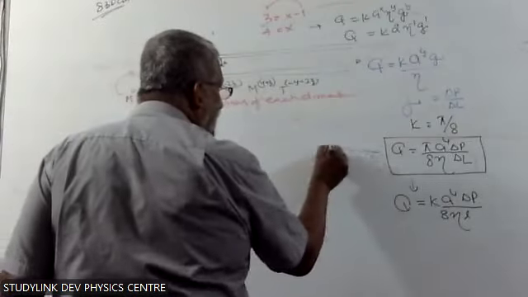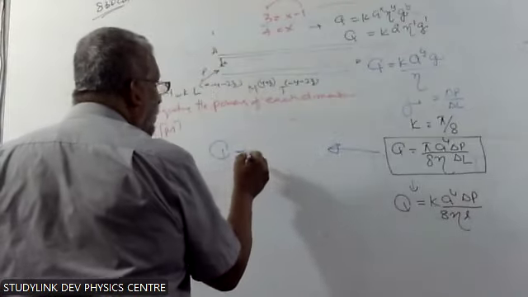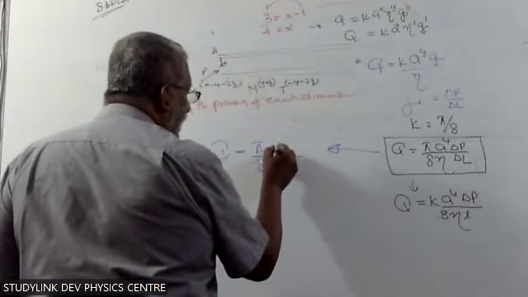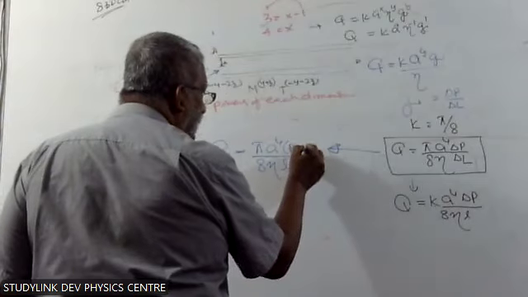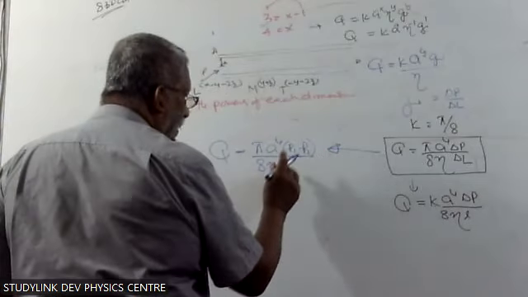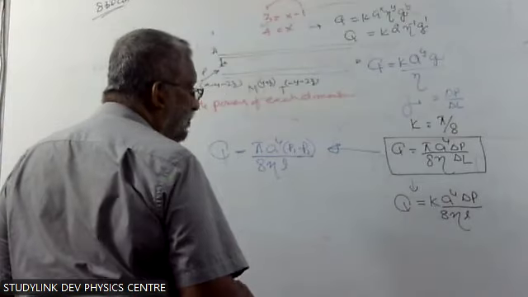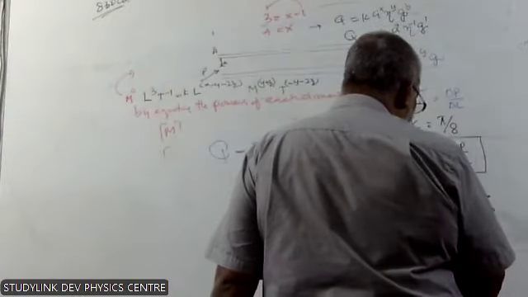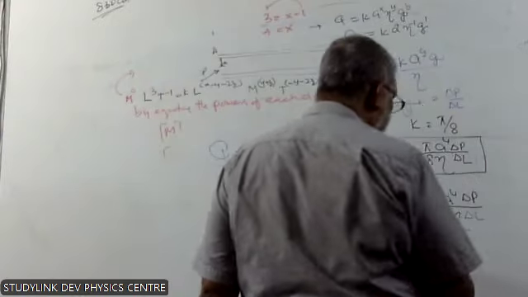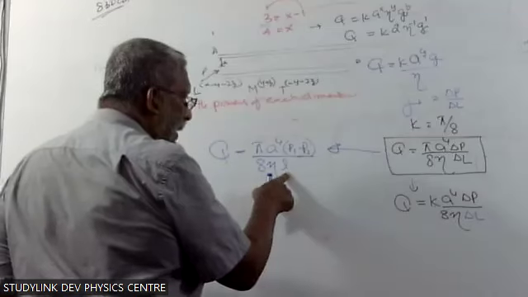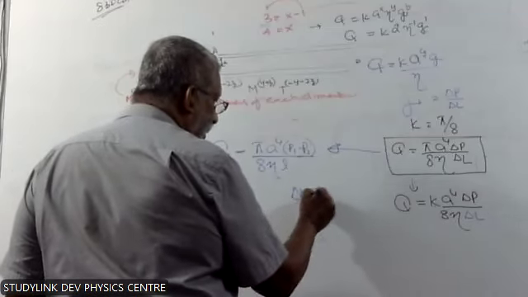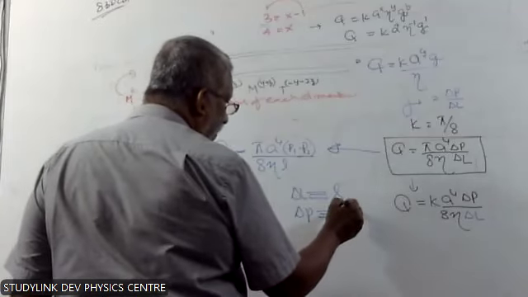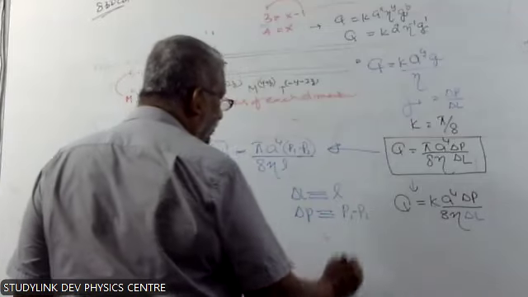So sometimes this is given as Q is equal to pi over 8 eta L, then a to the power 4, P1 minus P2 instead of delta P. Here this L is considered instead of delta L, and instead of delta P, it is considered as P1 minus P2.